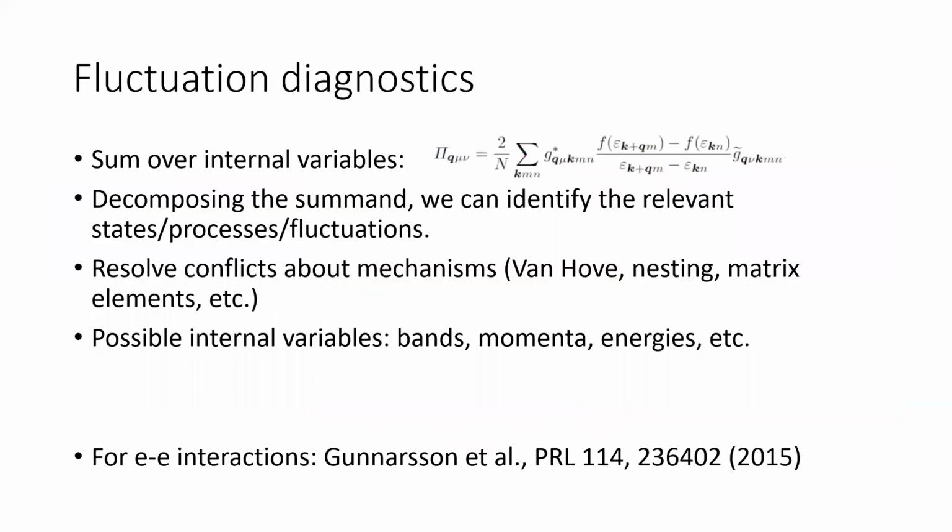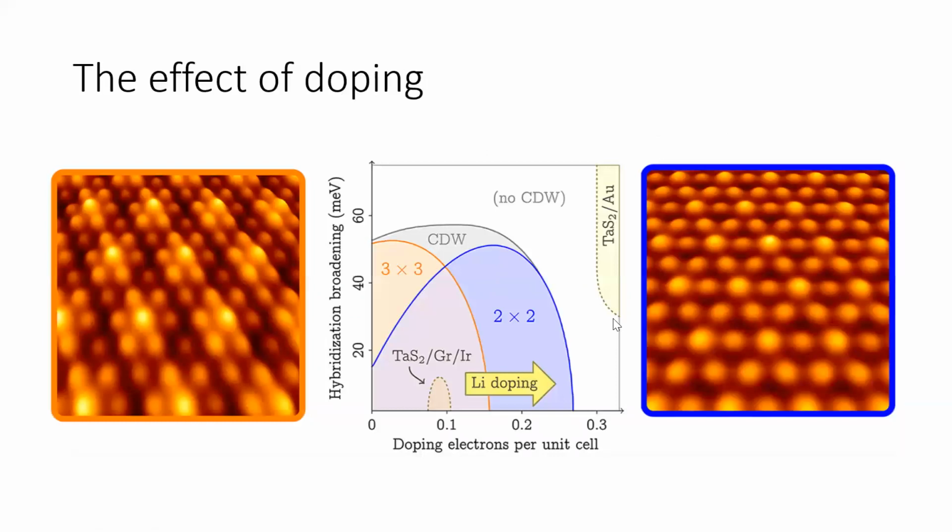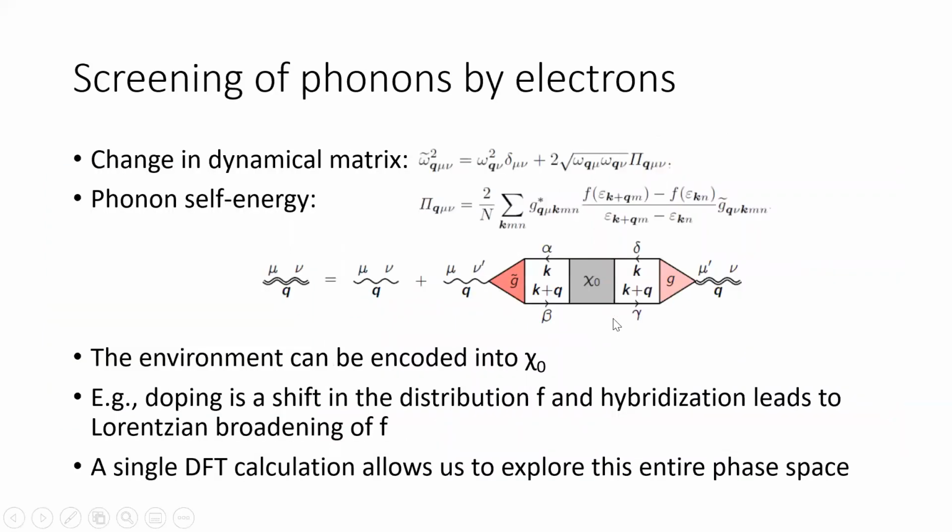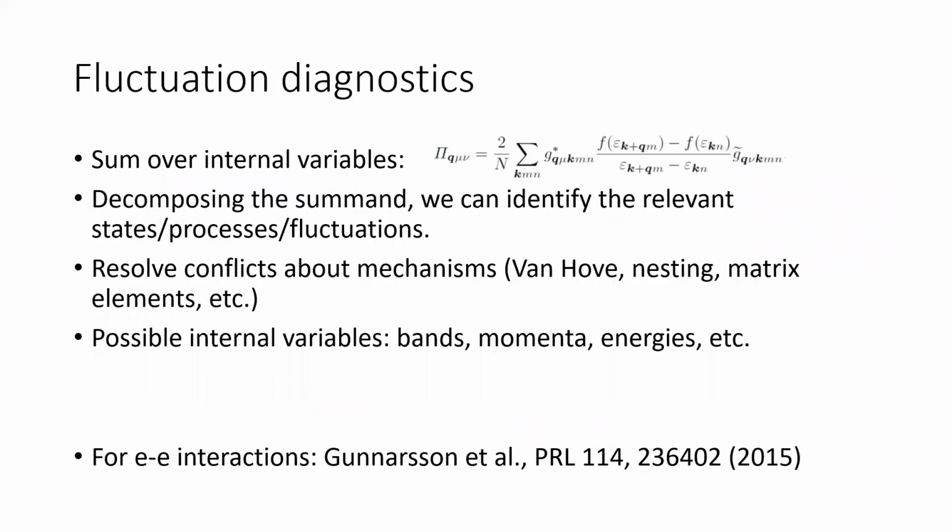But we can do more, because I showed you this nice Feynman diagram, and we evaluate it to get the results that we want, but we can also learn something from it. The Feynman diagrams are, as usual, a sum over internal variables.